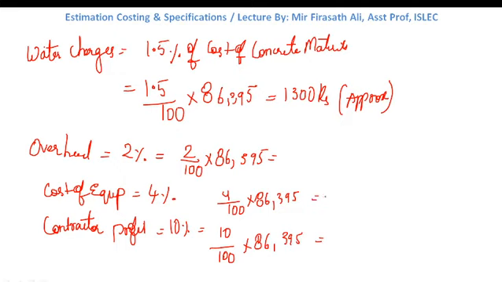So these values come as 1,727 rupees for overhead charges. Equipment charges will be around 3,455 rupees.